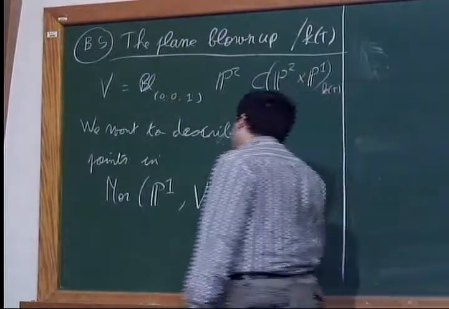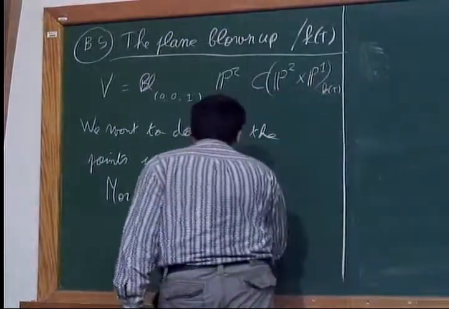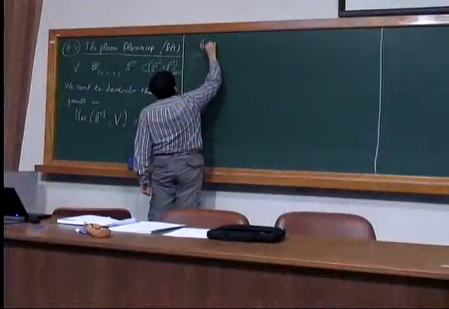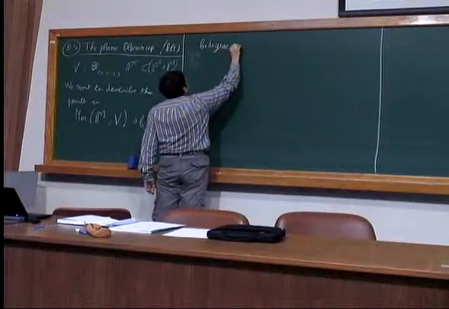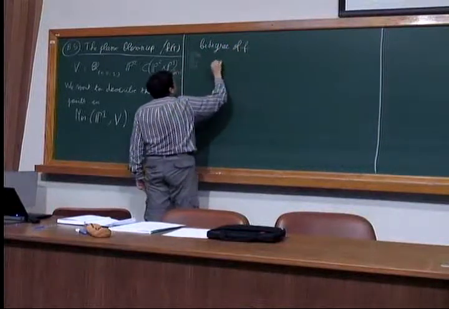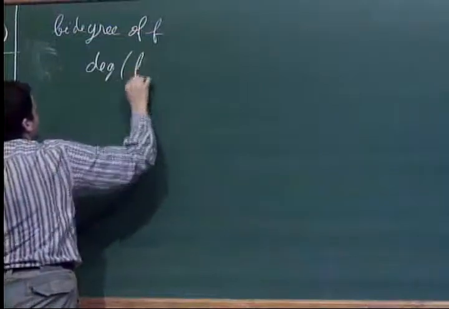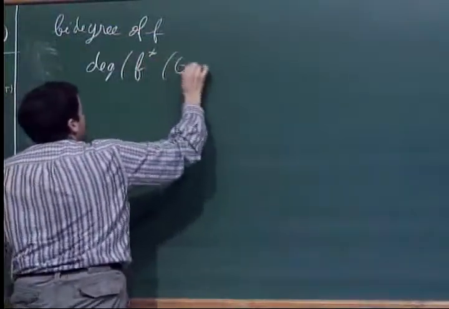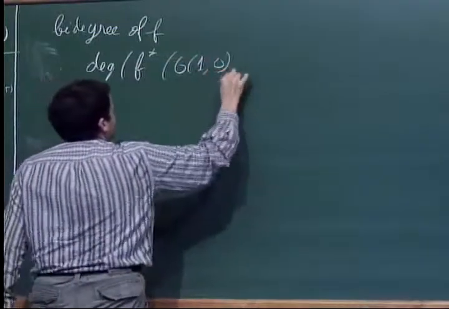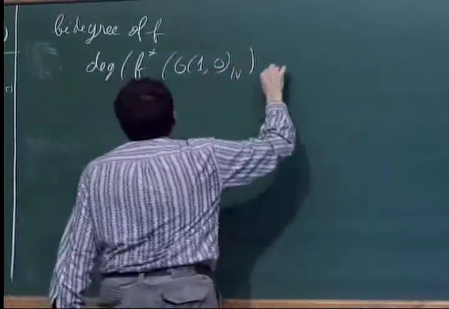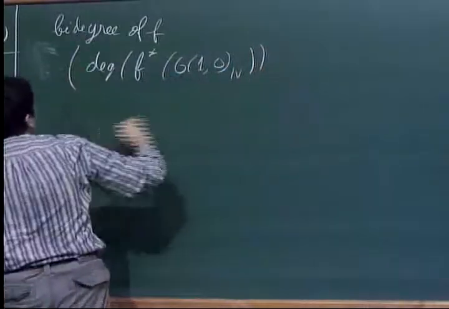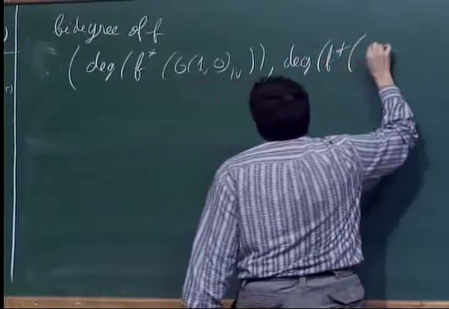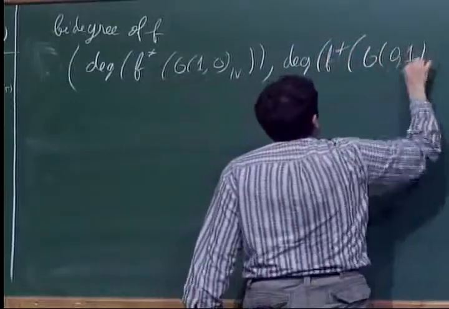So this B degree is simply, if I take some F here, then I have the B degree of F, which is given as the degree of the pullback of O(1, 0) restricted to V, and the degree of the pullback of O(0, 1).